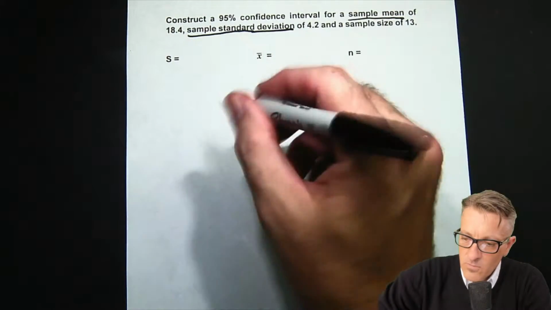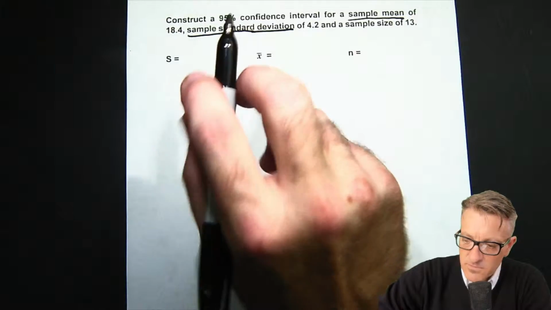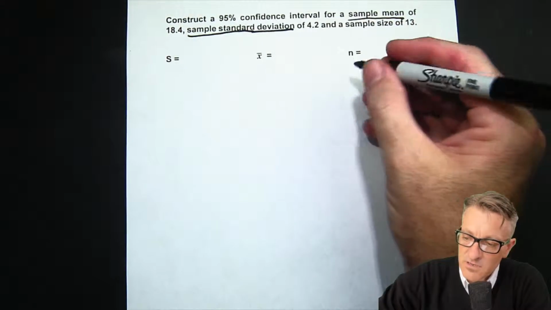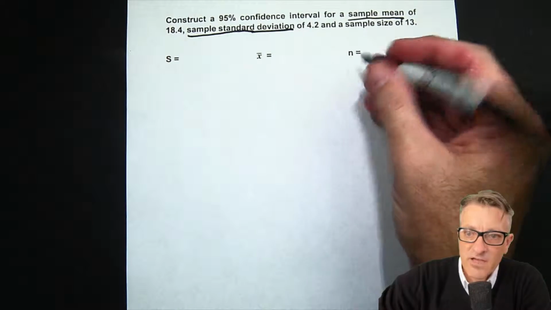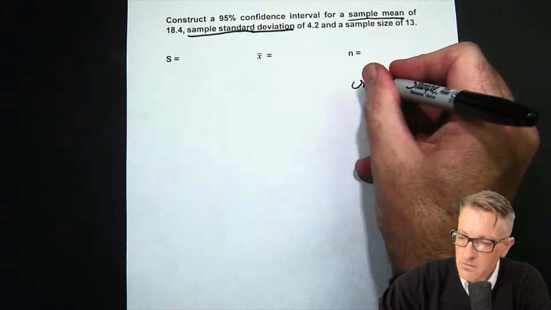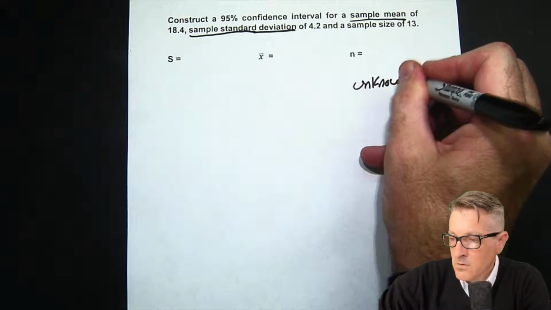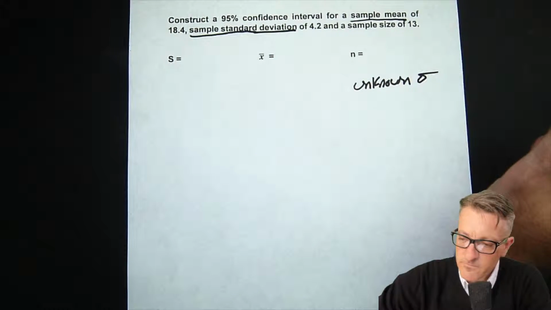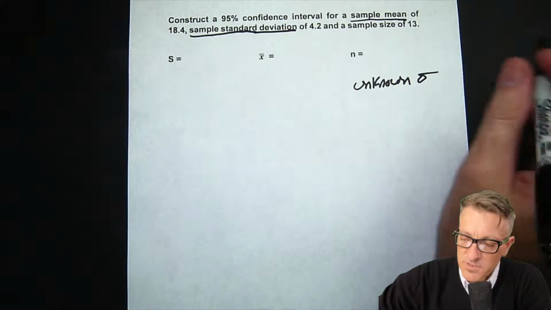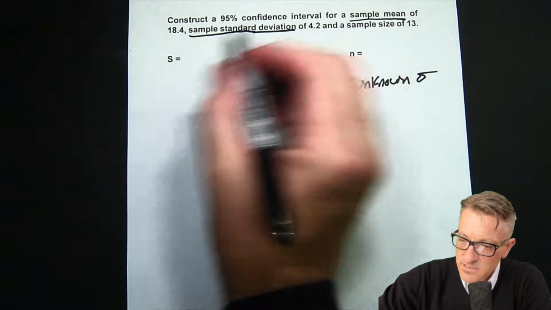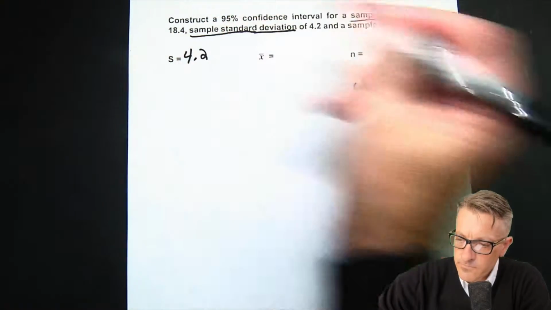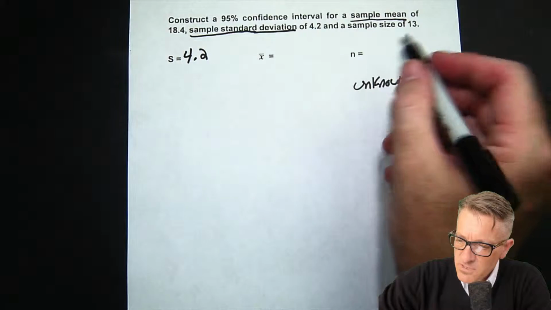So when we take a look at this, we will be forced to use the t-distribution, and this is why. We have an unknown population standard deviation. We do have a sample standard deviation, which is our big S, and the sample standard deviation is 4.2. We also have a small sample size.